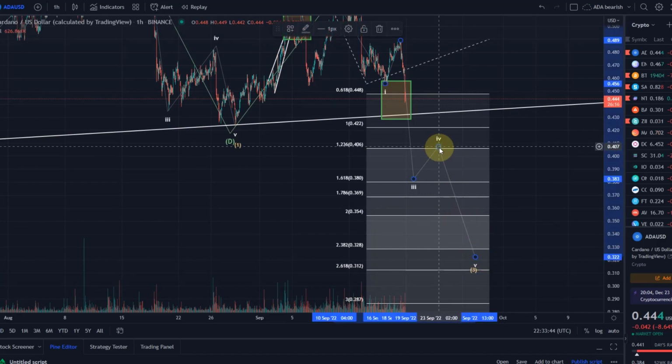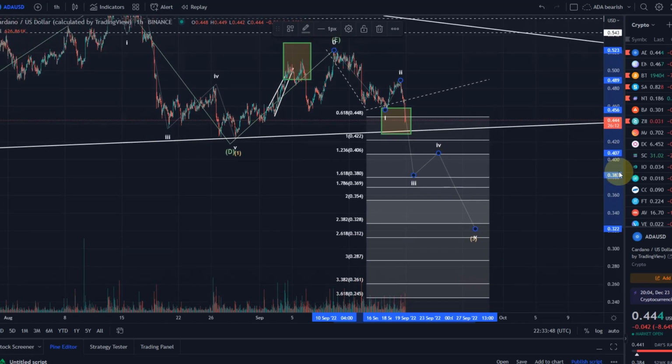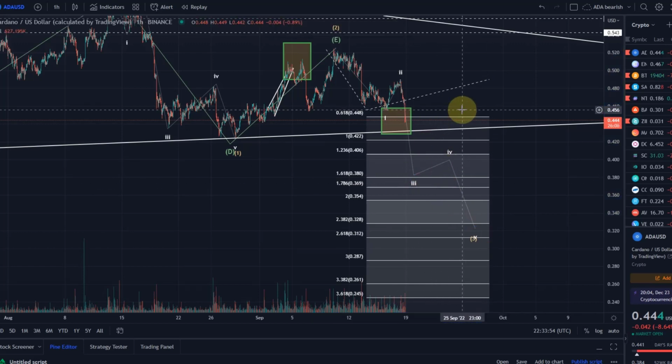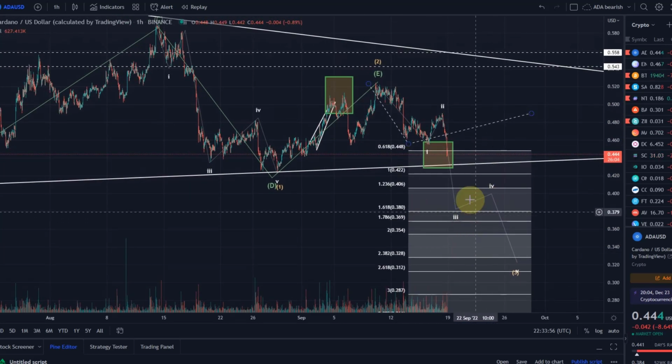So yeah, it would be interesting. It gets us certainly into the region of around 30 cents. Again, these are just ideal targets. Sometimes they're not exactly met, but the way this is coming down currently suggests this is a wave 3. So this is currently, I think, a possibility.